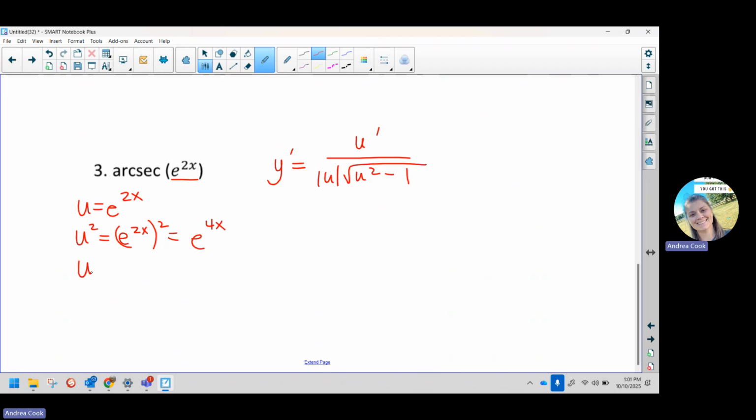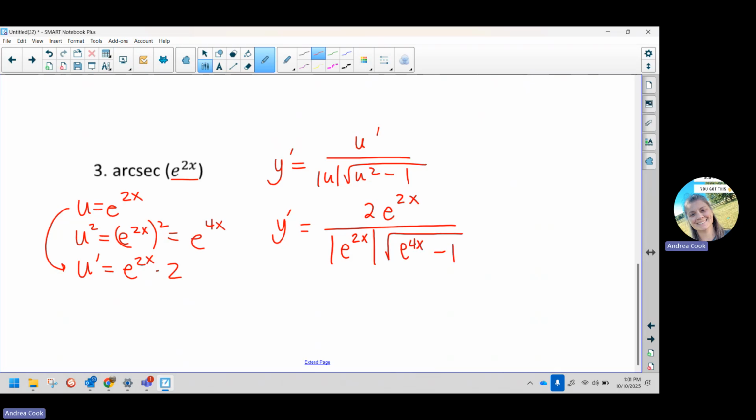And then for u prime, we have to remember the derivative of e to the u is e to the u times u prime. So e to the 2x times 2. Then we plug in. So y prime equals 2 e to the 2x over the absolute value of e to the 2x, times the square root of e to the 4x minus 1.